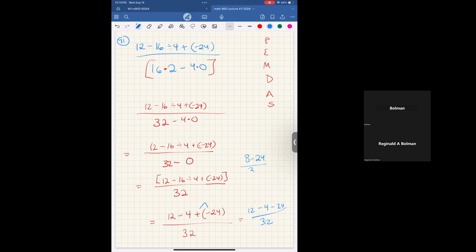I'll then have 8 minus 24 all over 32. 8 minus 24, let's see, that should be negative 16.